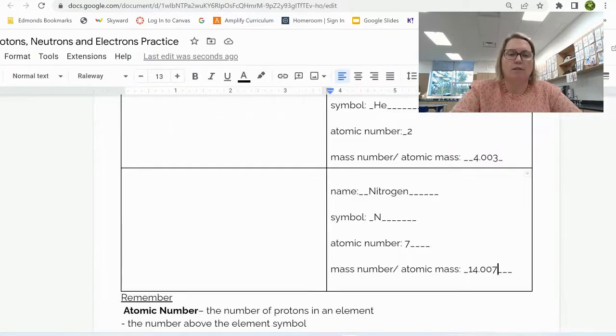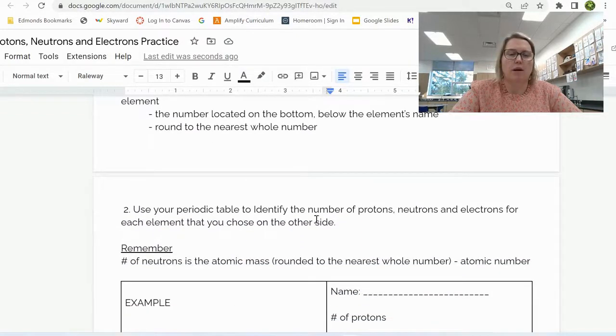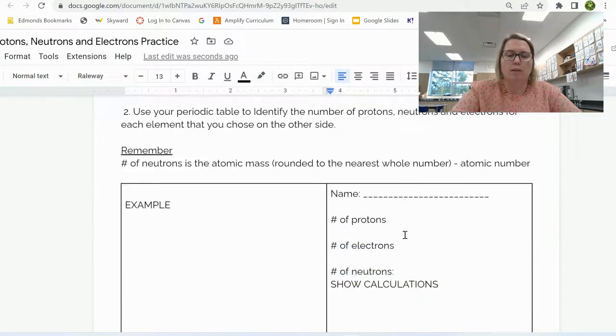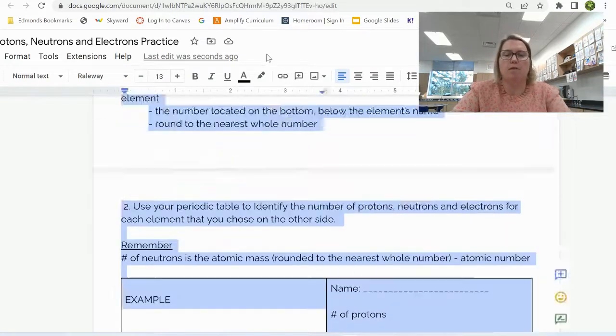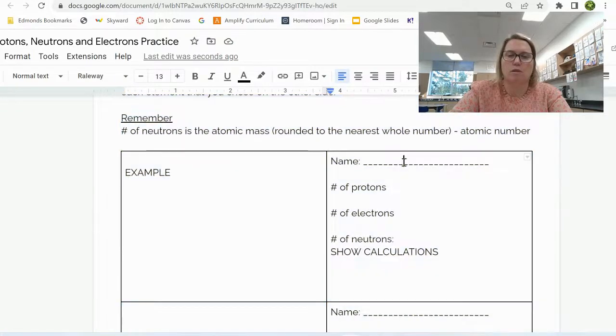So how do we do this? Now we use the periodic table to identify the number of protons, neutrons, and electrons for each element. Let's do it again for nitrogen. The name here would be nitrogen.